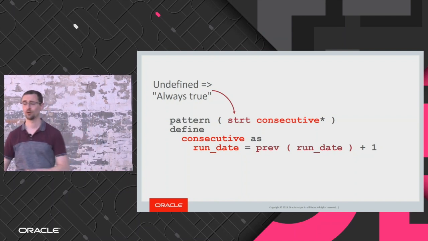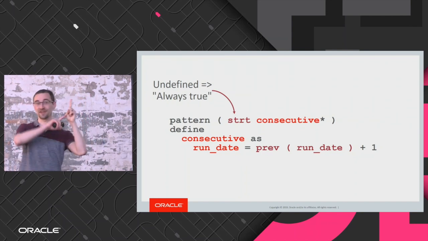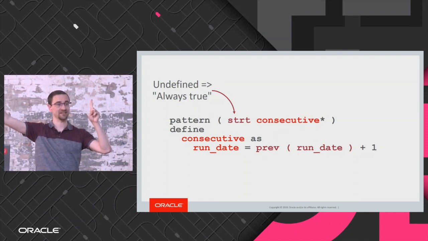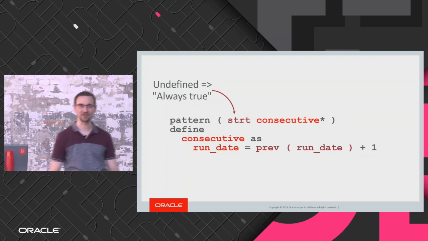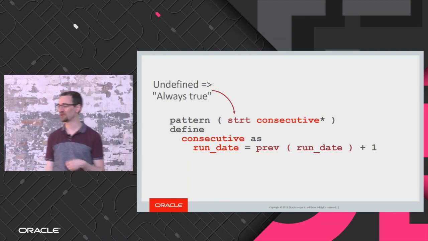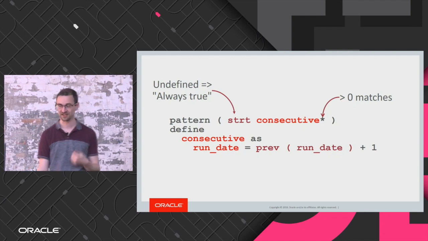So we've got our always-true start, so we've already matched one variable. I will then find however many rows are after it that are consecutive. So I could have a group of consecutive runs of 1, right? It's not doing very well, but there could be any number of these. So we're looking for 0 or more instances. We have the star operator to do that.